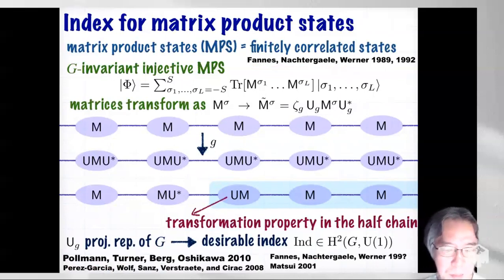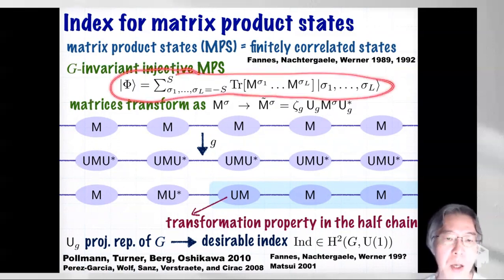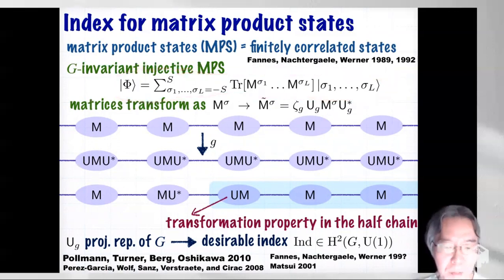Suppose that we have a G invariant injective matrix product state. Then I apply the transformation corresponding to some group element G to this state. I will discuss an example in the next slide, but you can show that the effect of this transformation can be absorbed into a transformation of the matrices defining the matrix product state.